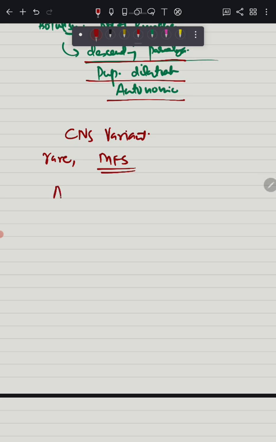Always remember this thing: altered sensorium is the one that distinguishes it. And also there will be a positive Babinski's sign, which indicates CNS involvement. The patient can have facial bulbar palsy, respiratory failure, and preceding infections are there.